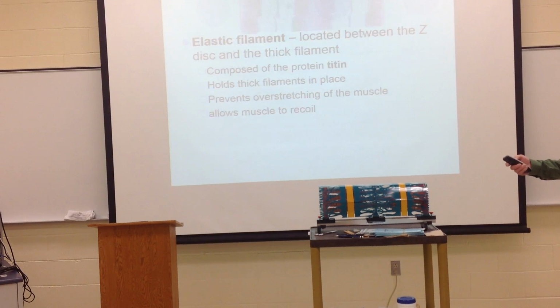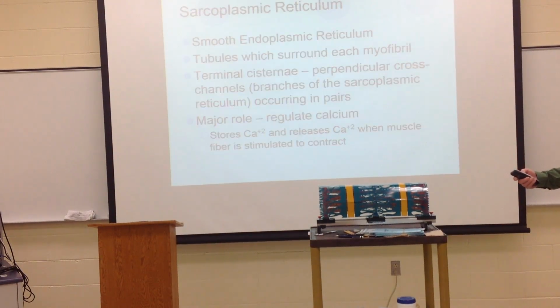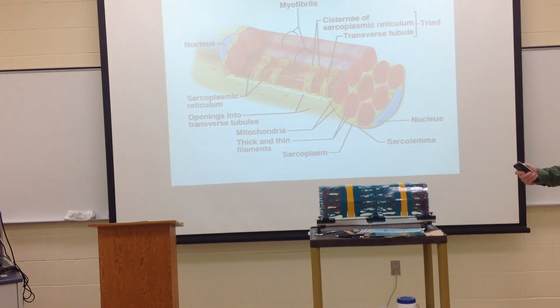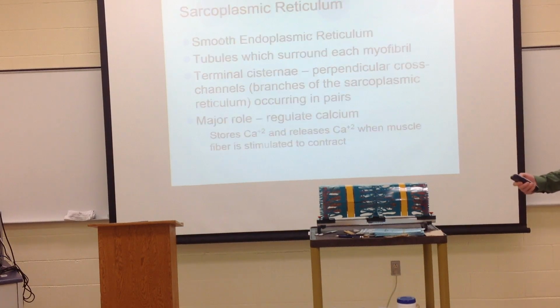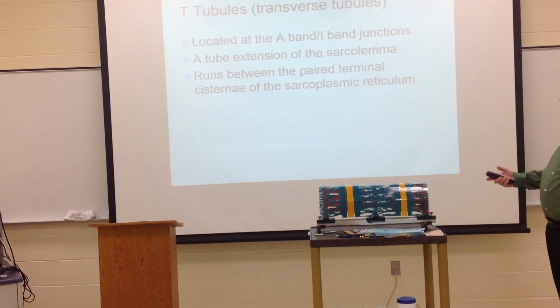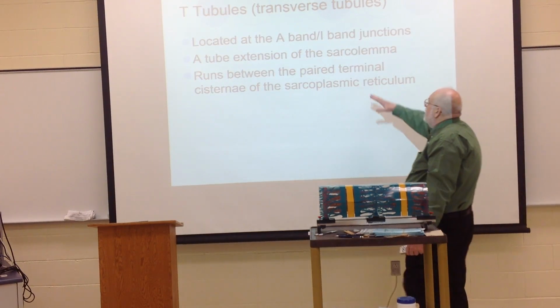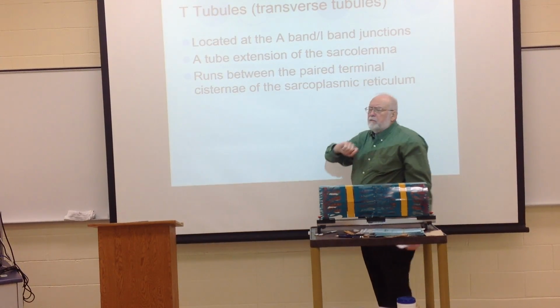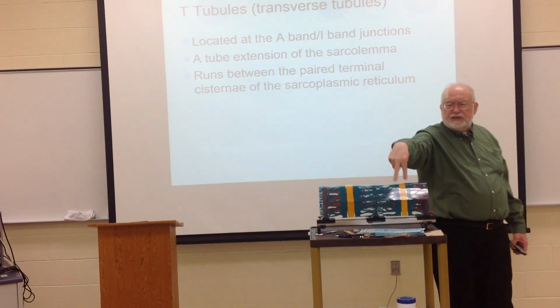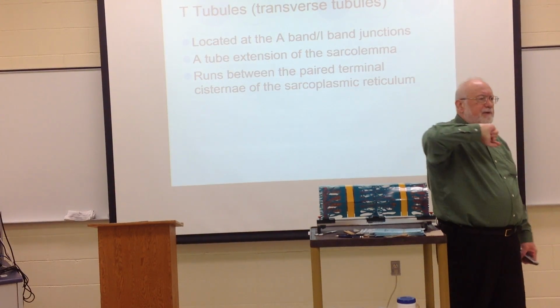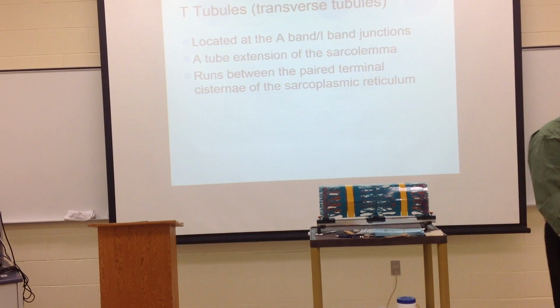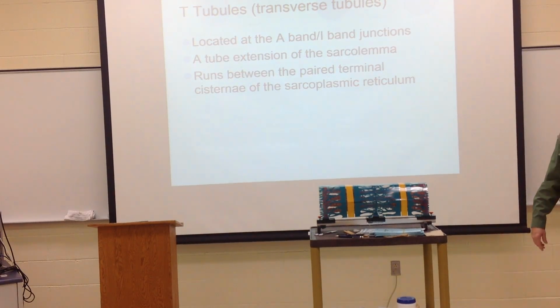All right, so those sarcoplasmic reticula are, in essence, running around or surrounding, of course, each of the myofibrils. And the T-tubules, we said, run between the terminal cisternae of the sarcoplasmic reticulum. And it is an extension of the membrane or the sarcolemma.